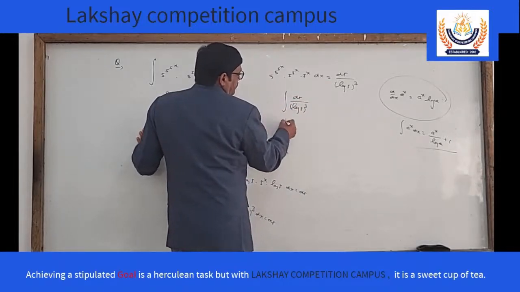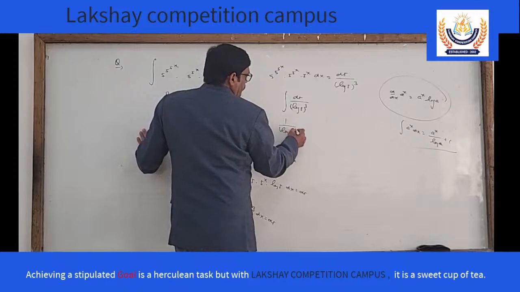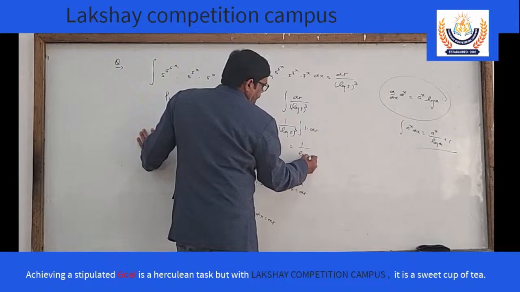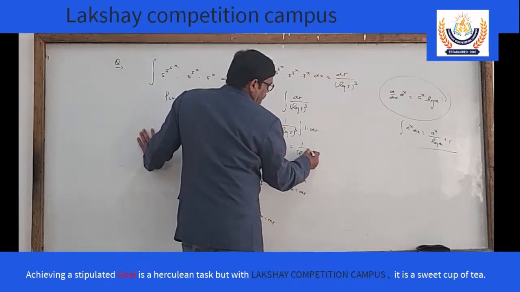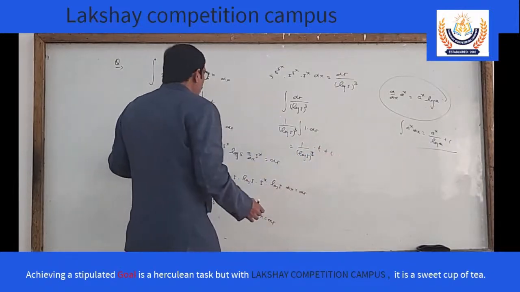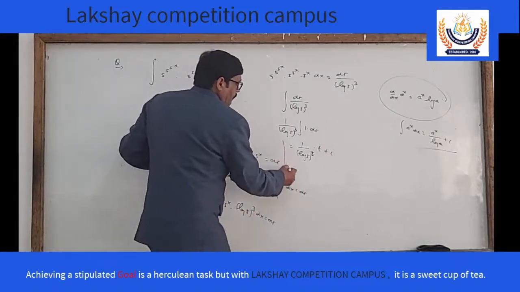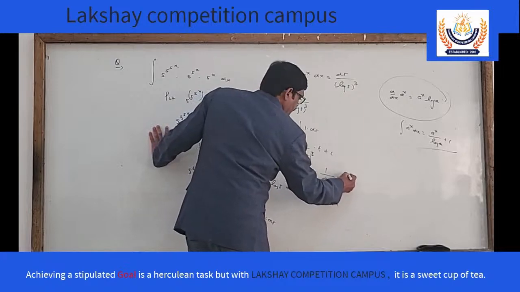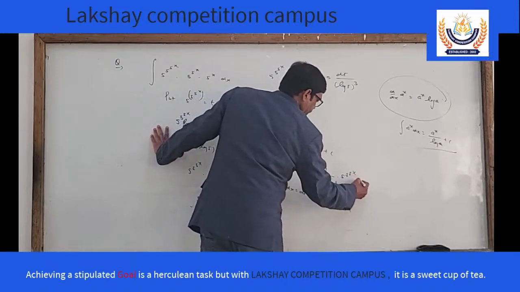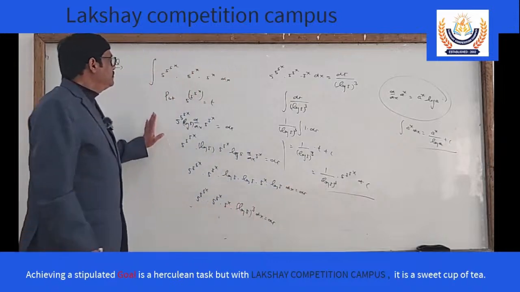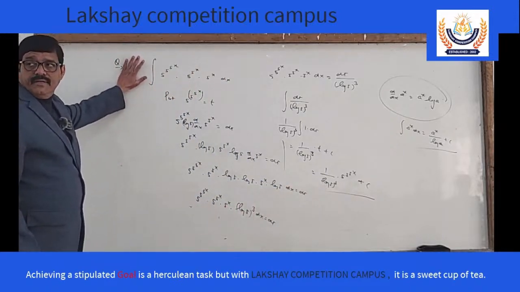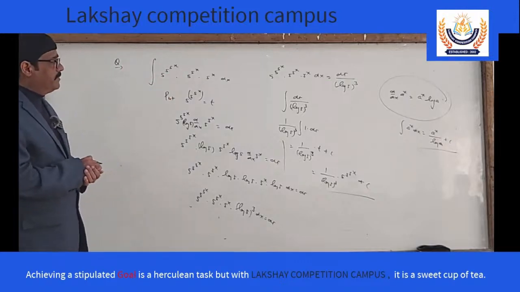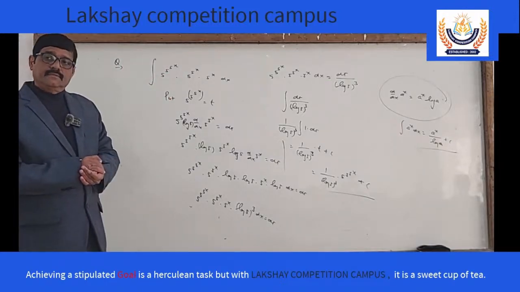This is the constant number, 1 upon log 5 cube. The integration of it is t. What is t here? 5 power x plus constant. This is the solution of this numerical. 5 raised to power 5 raised to power 5 raised to power x into 5 raised to power 5x into 5 power x dx. Clear?